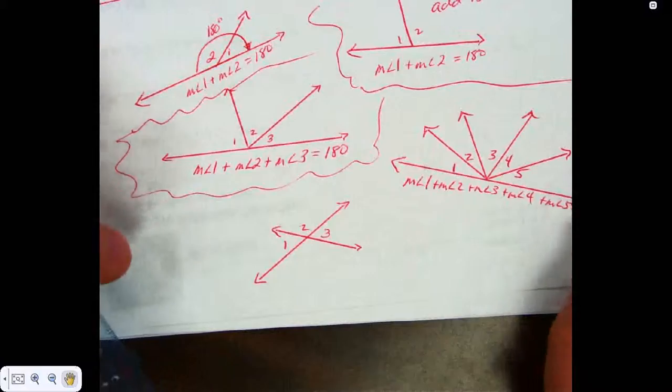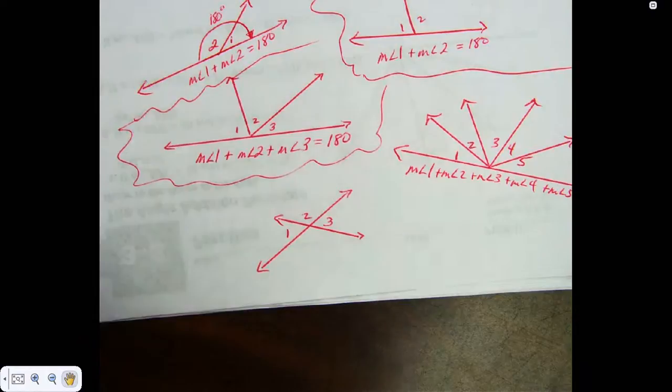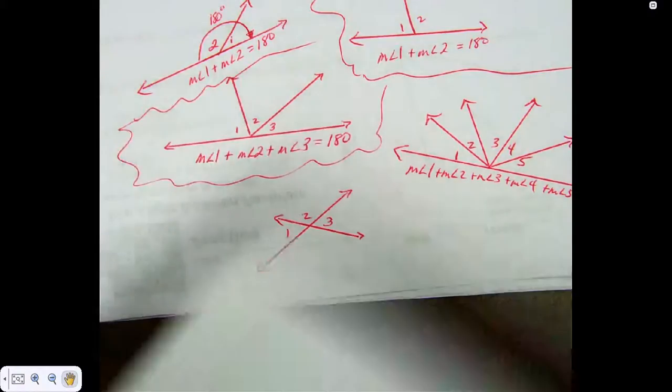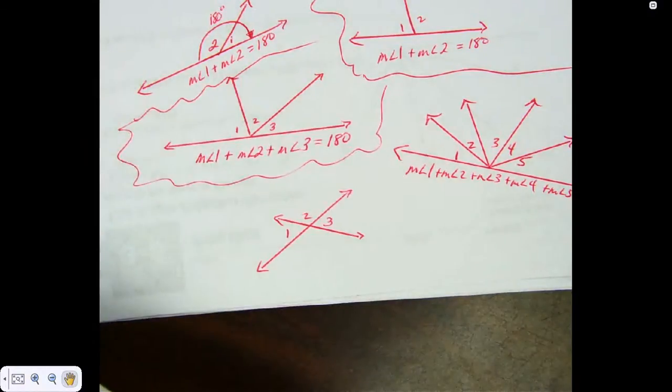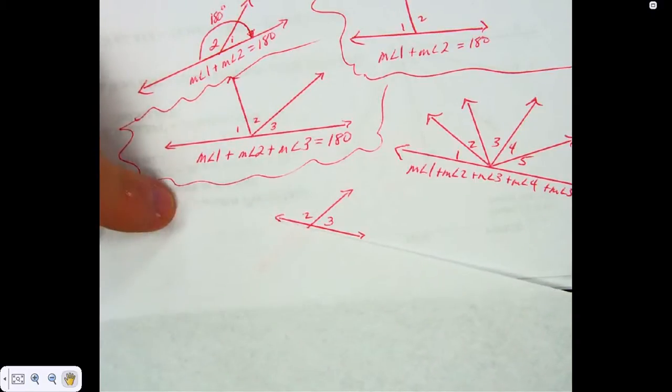A big thing that you need to learn how to do in geometry is to just kind of get rid of something in your mind. In other words, look at that picture, but only look at that. What could I say? Measure of angle 2 plus measure of angle 3 equals 180.